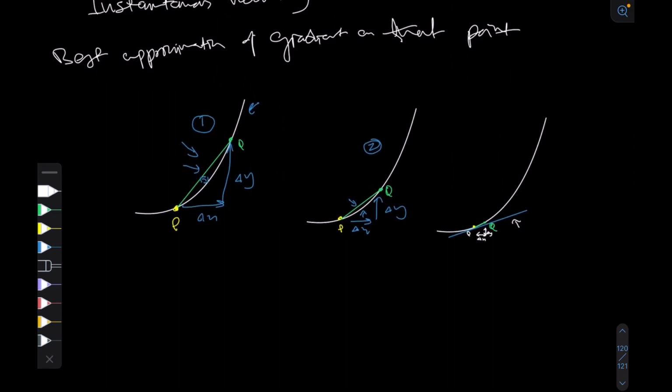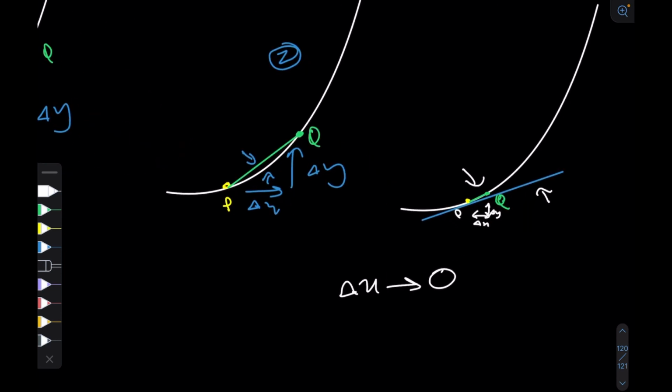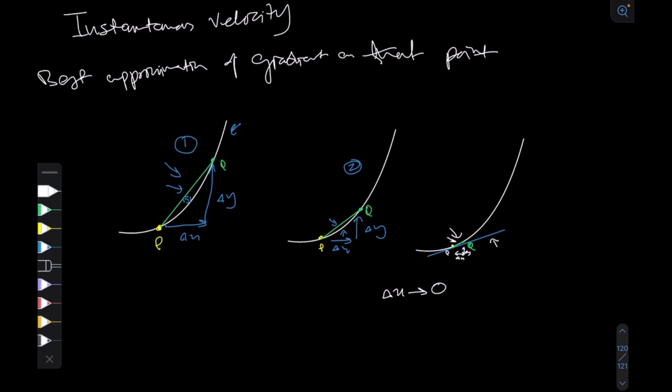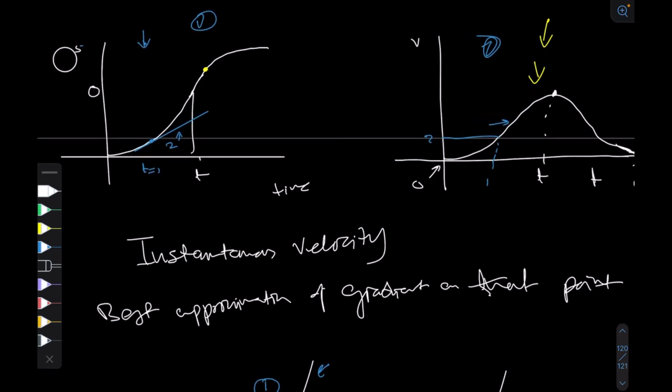So what derivative really does, it's asking the question that what is the value of this gradient approaching as your change in x is approaching zero, right? So as your change in x is getting smaller and smaller, what is this value of gradient that is approaching, right? And so by using this clever technique, differentiation allows us to find the gradients at specific points, the gradient of the tangents, right?